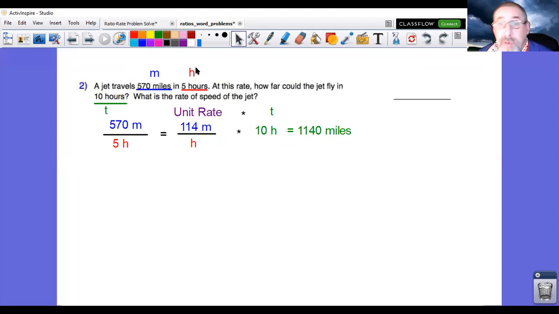To solve the problem, find the ratio, miles per hour. I divide the numerator by the denominator to find the unit rate, so I have it for 1 hour. And then I multiply my unit rate times how long it travels at that unit rate to get my miles.